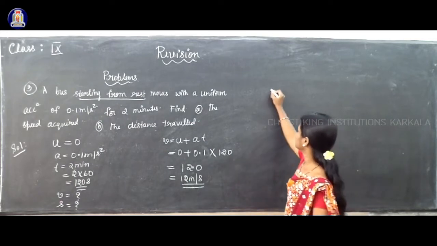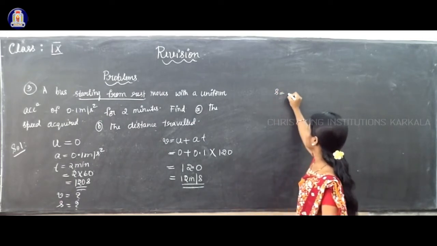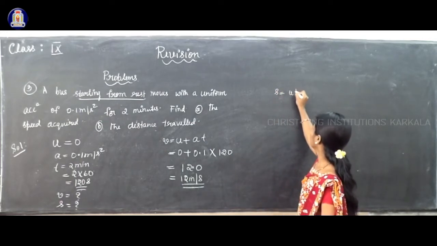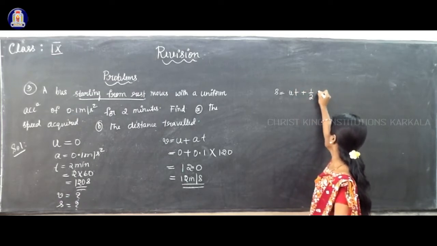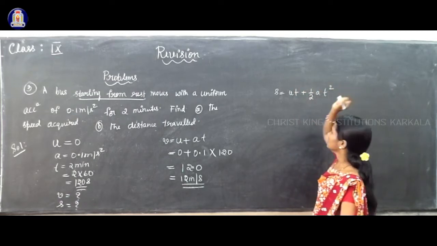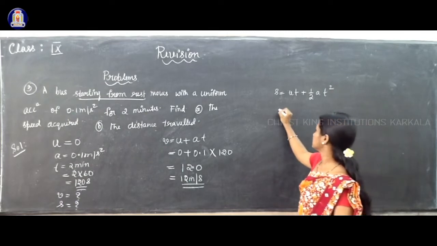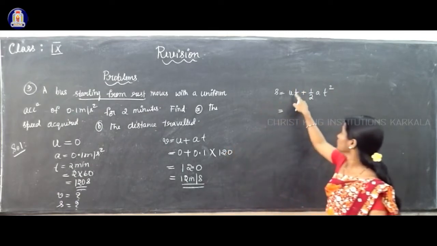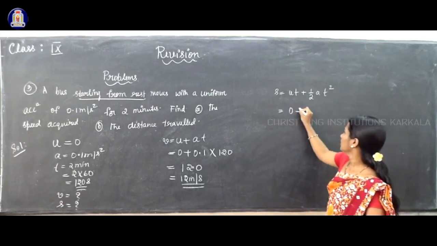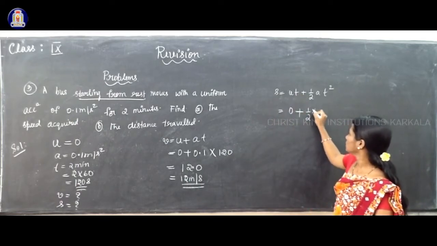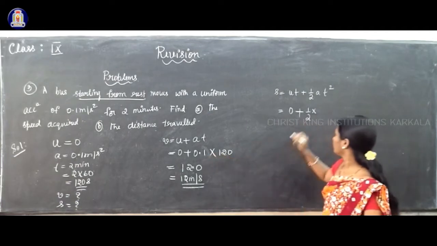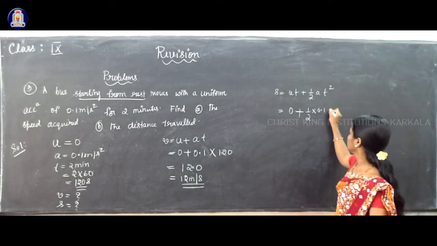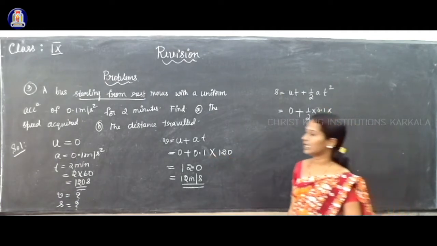Distance traveled. S equal to, the formula I write is ut plus half at square. Substitute the values: u value is 0. So 0 into t you will get 0 plus half into acceleration 0.1 into t square. What is the value of t?